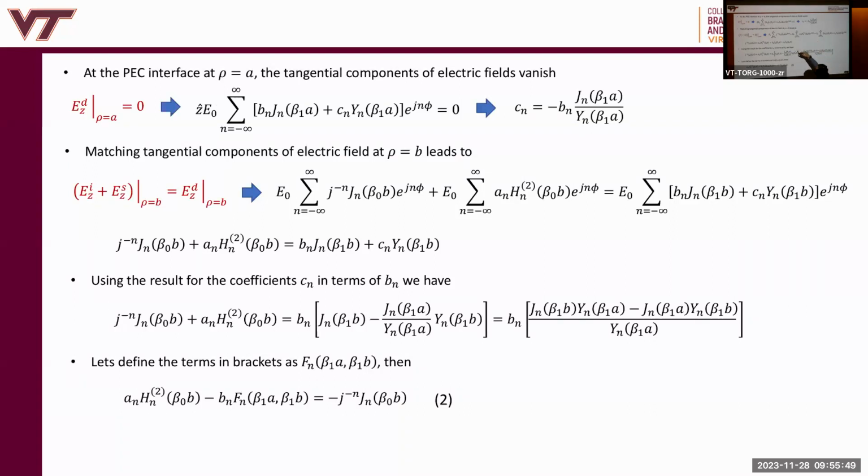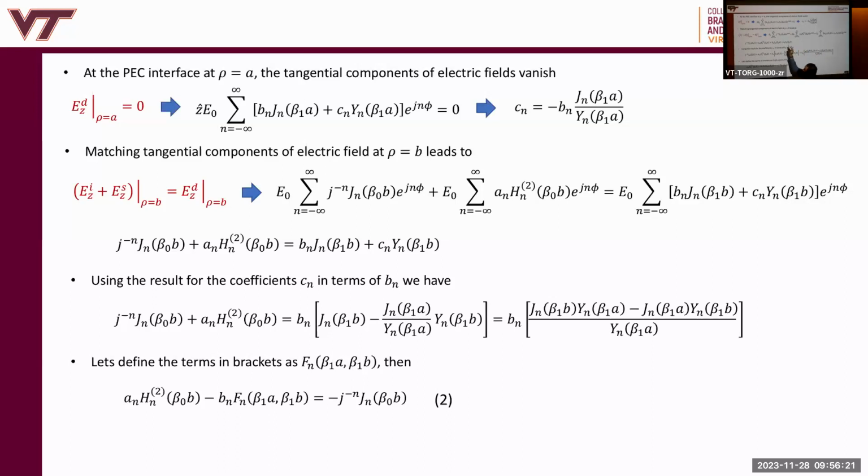Matching tangential components of the electric field at rho equal to b leads to the following. We have Ez incident plus Ez scattered at rho equal to b is equal to Ez dielectric at rho equal to b. This is the boundary condition for the tangential electric field continuity. So we take the expansion for the incident electric field, the expansion for the scattered electric field, evaluate them at rho equal to b, and set that equal to the expansion for the dielectric electric field, evaluated at rho equal to b as well.